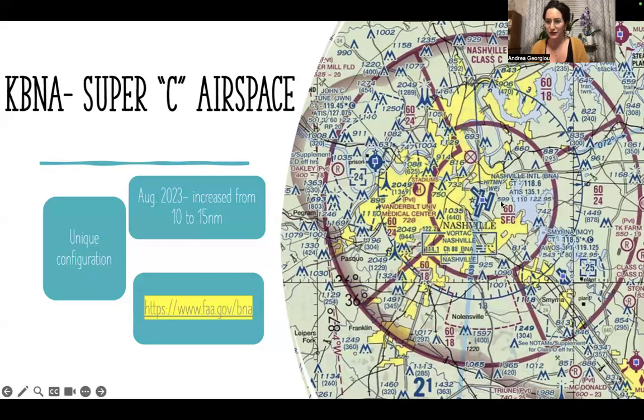So looking here at Nashville, you can see there's 3 parallel runways, one intersecting, and it starts at the surface, goes up to 6,000. This area jumps up to 1,800 feet, 2,400 feet over here, 1,800 feet, 1,800 feet, 2,400 feet. But again, of course, the tops are all at 6,000.